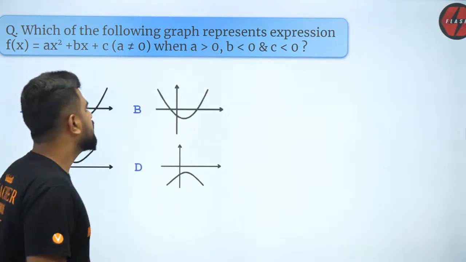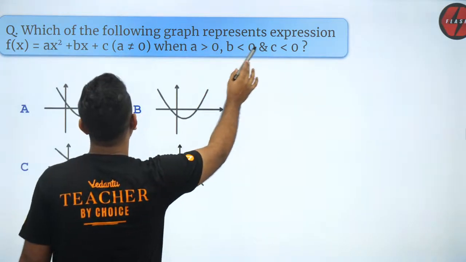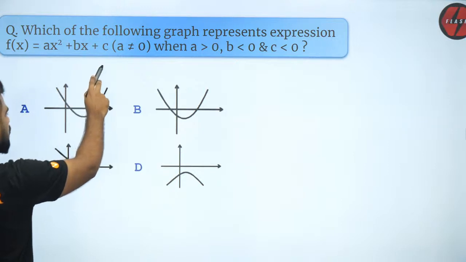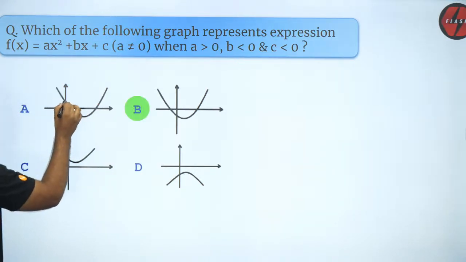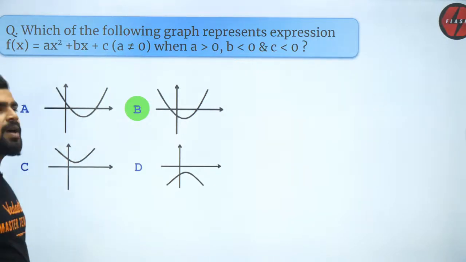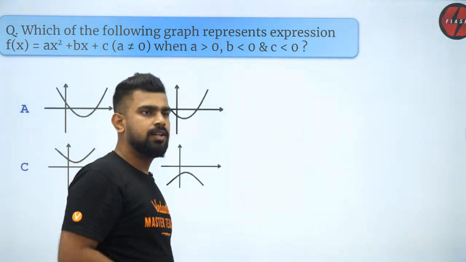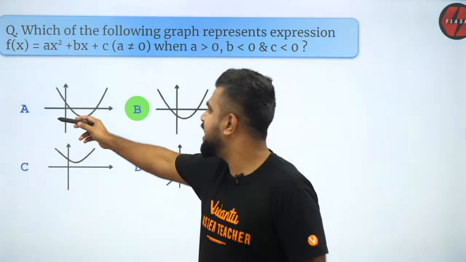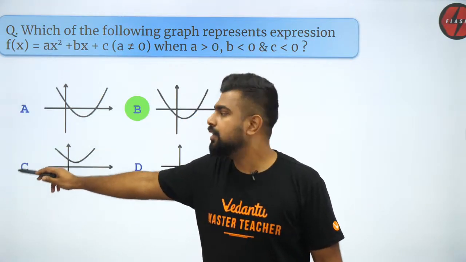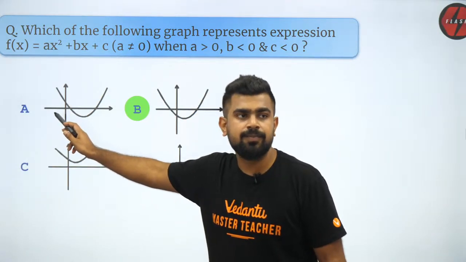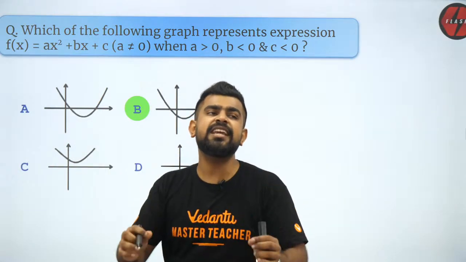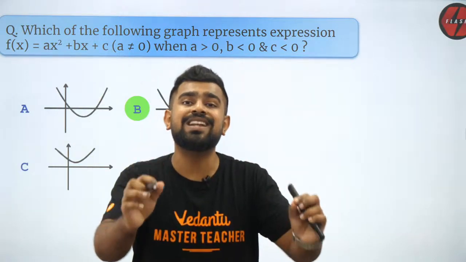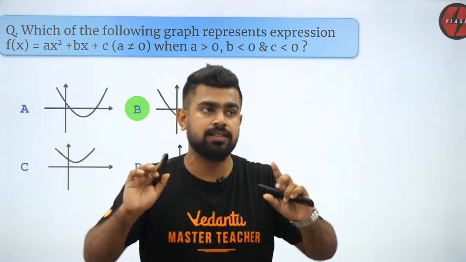C is nothing but the value of the function at x equal to 0. X equal to 0 means the point on the y-axis, right? So on the y-axis, for option A and option C, the intercept is positive. The place where it cuts the y-axis is positive. So C is nothing but where the quadratic graph cuts the y-axis.